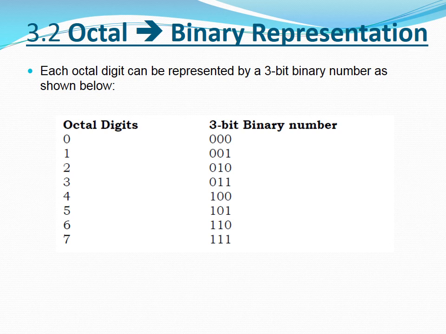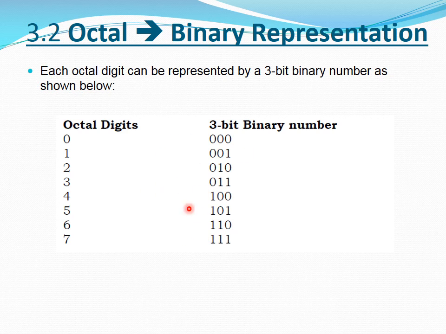Octal digits 0, 1, 2, 3, 4, 5, 6, 7 are each indicated as a 3-bit number: 000, 001, 010, 011, 100, 101, 110, 111.